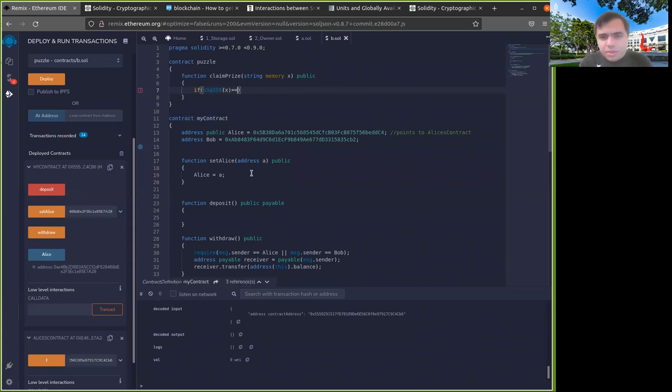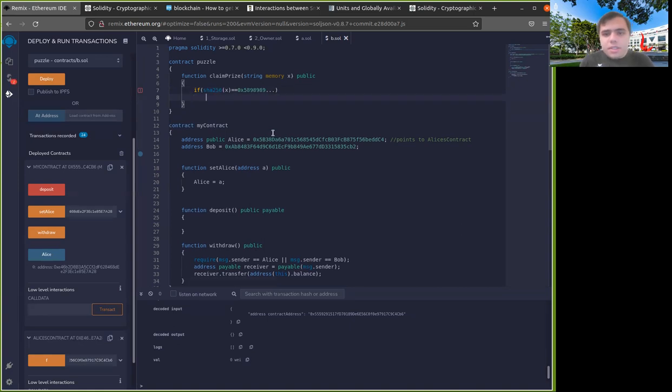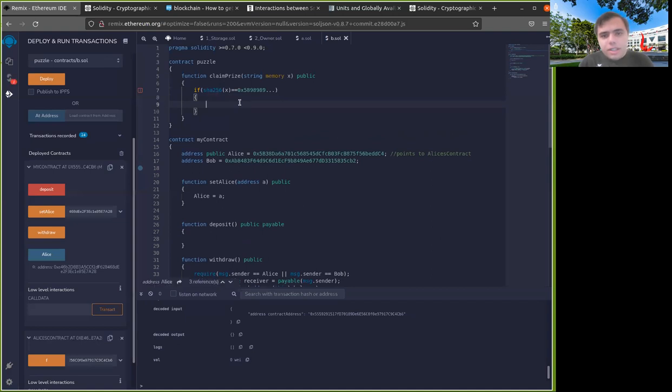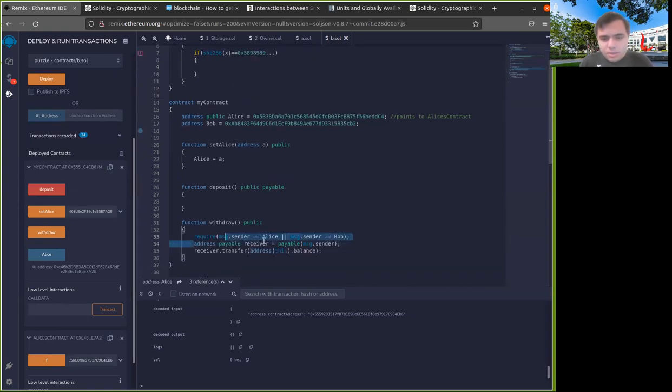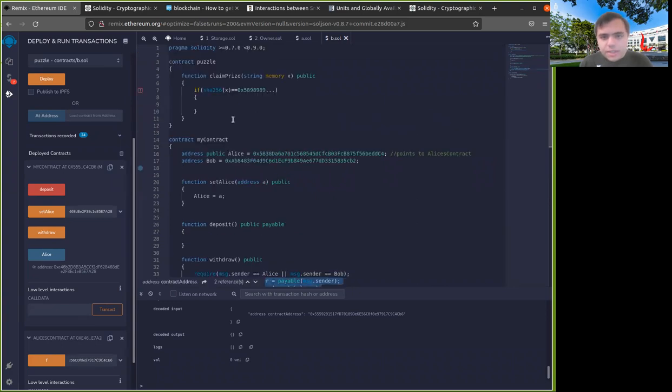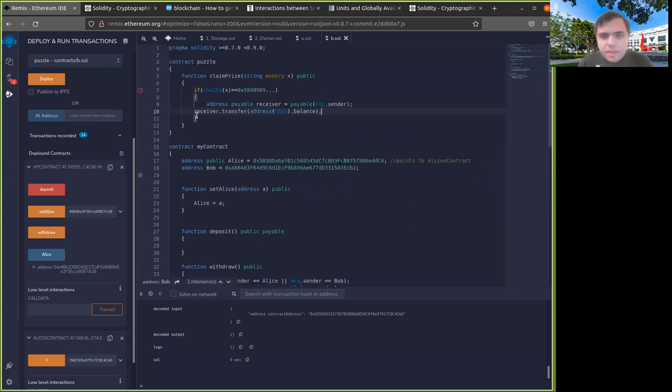And if it is equal to some hard-coded value, let's say, whatever, I get a compiler error because I wrote whatever there, but okay. If this is the case, I can pay all of my balance to the person who called this. Again, the same thing as before.